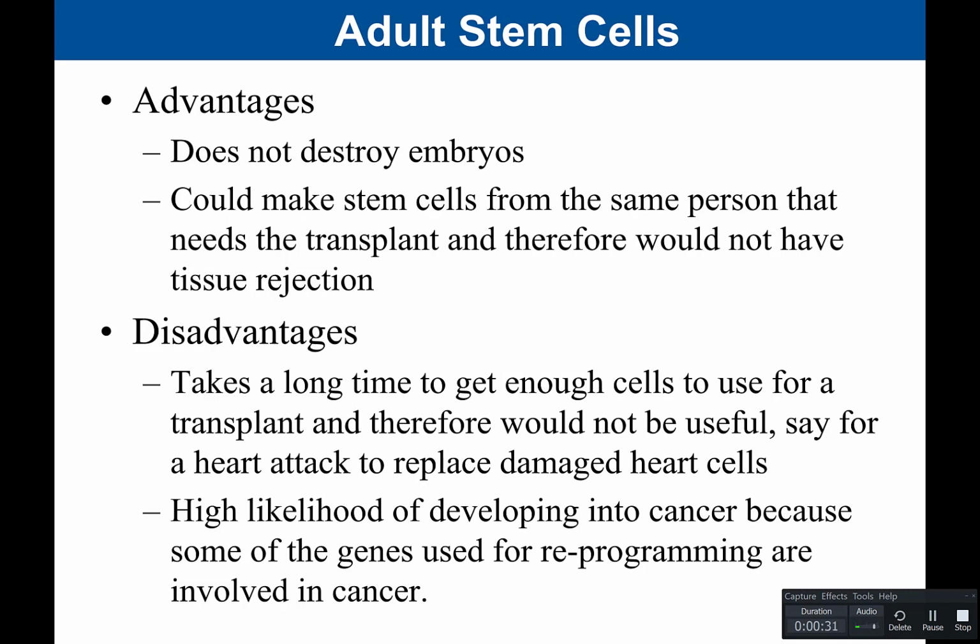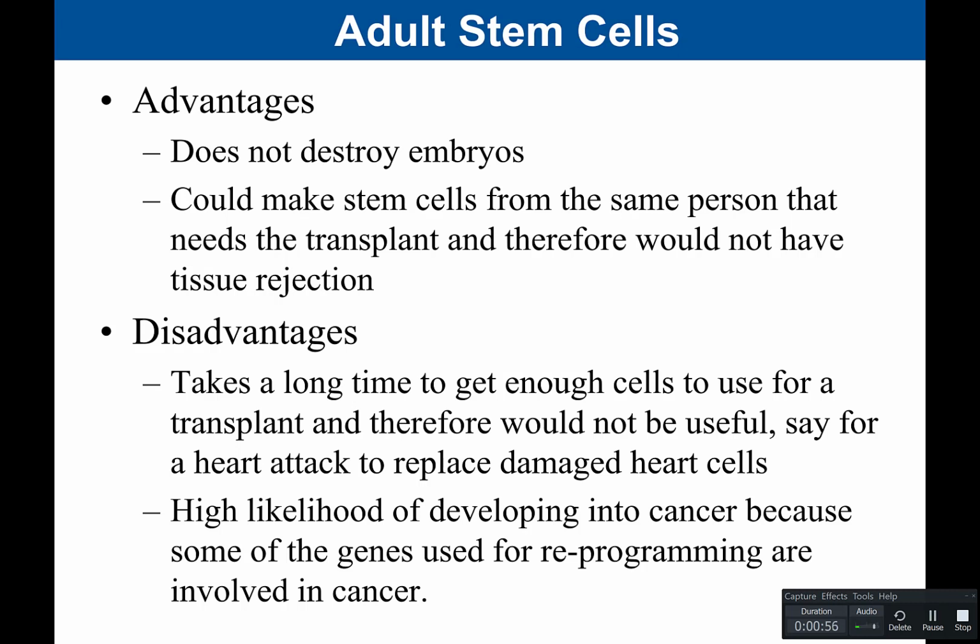The disadvantage of adult stem cells is that it takes a long time to get enough cells to be used for a transplant and therefore would not be useful for, say, a heart attack, which needs to replace damaged heart cells very quickly, right? You would need to replace that tissue quickly, and therefore waiting to get enough adult stem cells might not be a practical option.